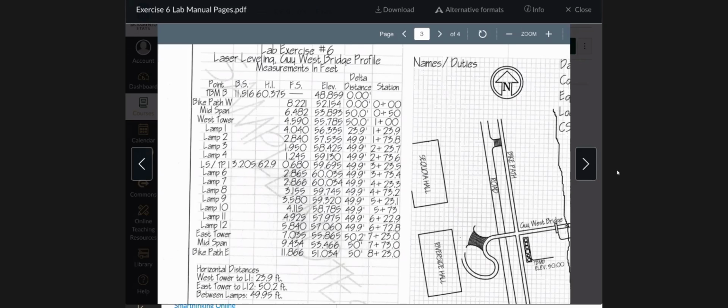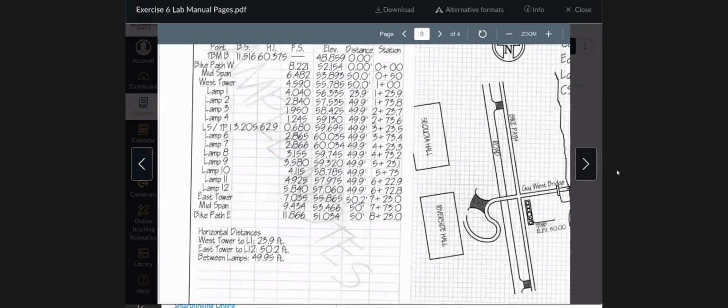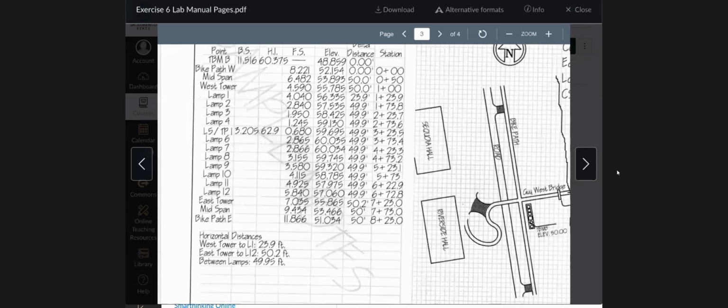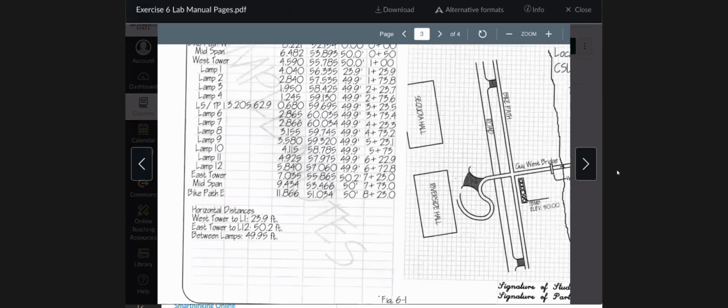So these pretend numbers in the foresight column are made up. Just note that your numbers will decrease until you get to the center of the bridge, and then they'll increase as you cross the crown of the bridge going to the other side. Okay. The horizontal distances shown in the bottom left corner of this sheet, you do not need to put in your book.